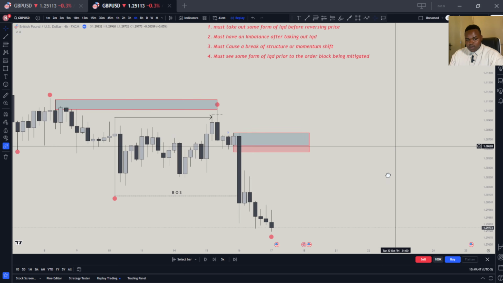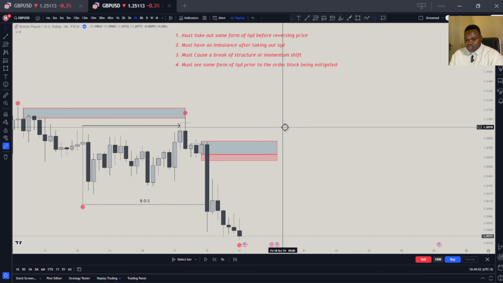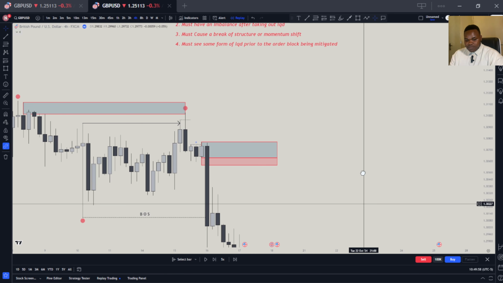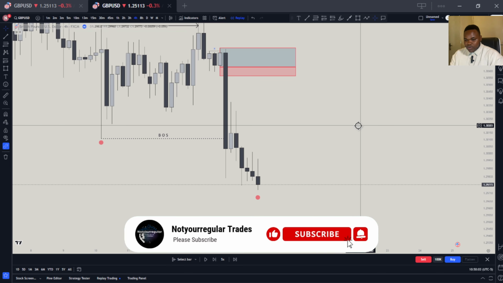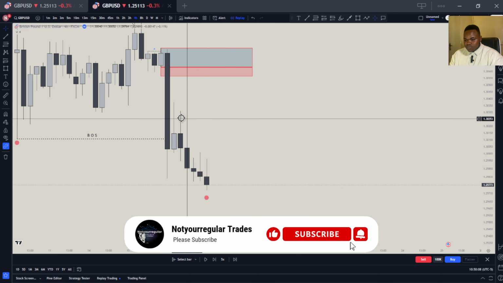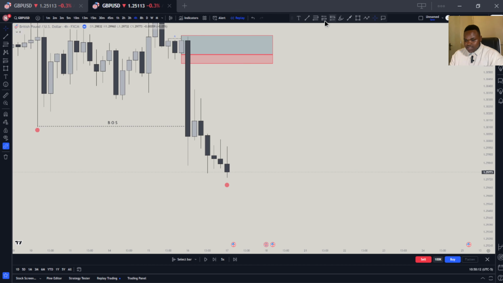Here's the fourth and last criteria. Must see some form of liquidity prior to the other block being mitigated. What that simply means is there must be some form of liquidity lying before the other block was mitigated. So where is our liquidity that's lying before the other block? You can see it here, this high.